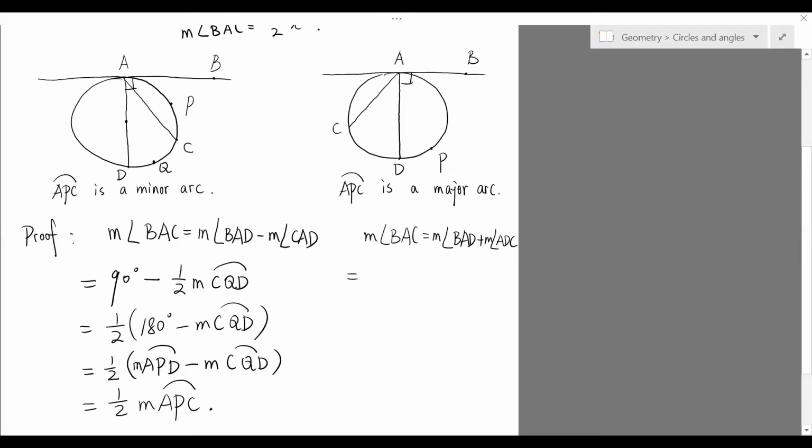Again, for the sake of convenience, we're going to pick a point in between C and D and denote that as Q. So we could observe that the measures of those two angles are respectively equal to 90 degrees and 1/2 of the measure of the arc DQC.